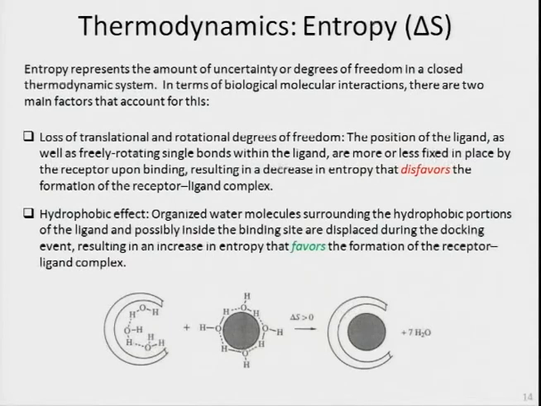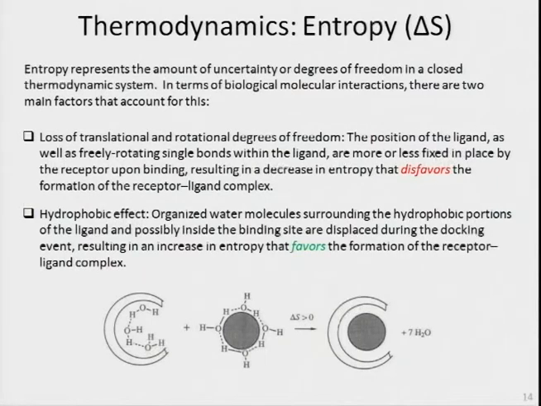Okay, then the other component of the binding free energy is the entropy. And entropy refers to the amount of uncertainty in the degrees of freedom in a closed thermodynamic system. That means how easy is it for molecules to move around. It's the degrees of freedom. So in terms of biological molecules, there are two main factors that account for this.